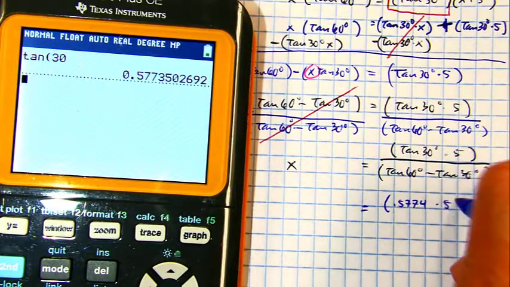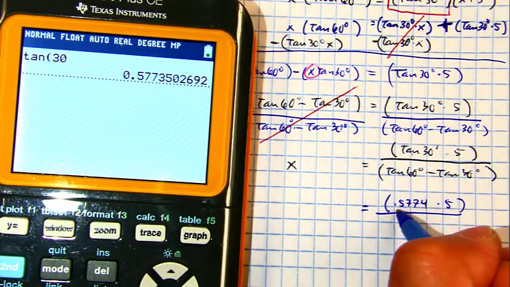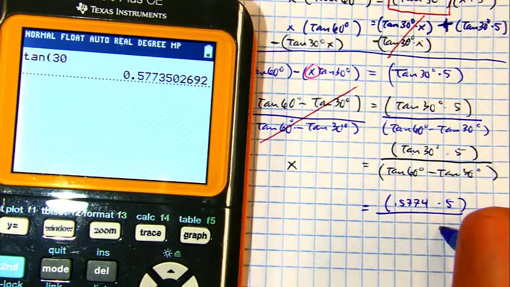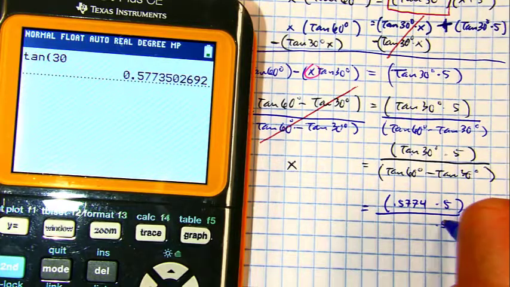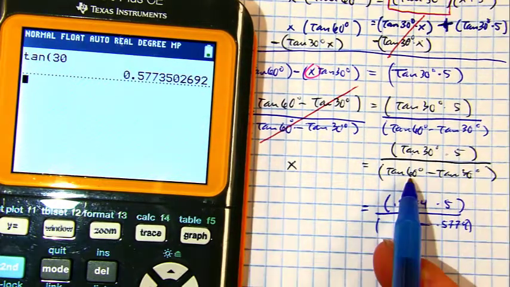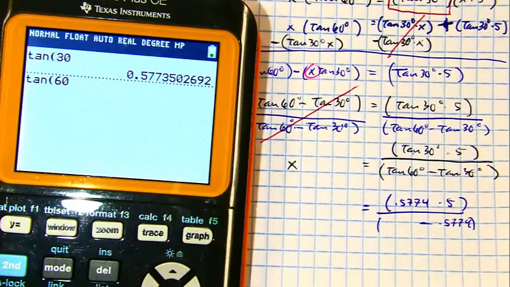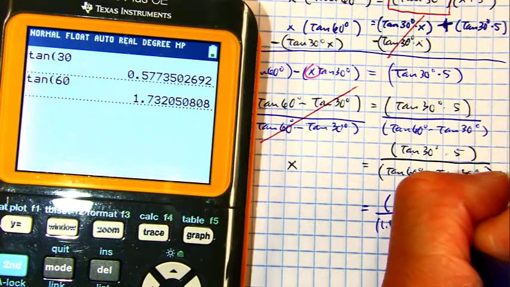So that is tangent of 30, and then I can put that same number, 0.5774, for tangent of 30. And I'm just going to get tangent of 60. 1.7321.